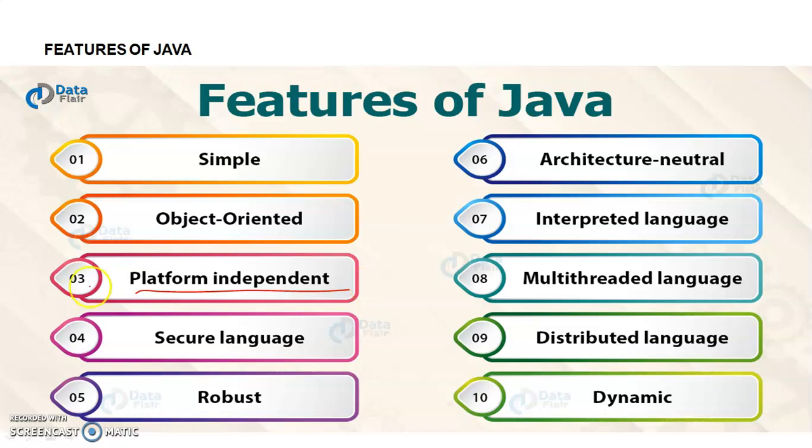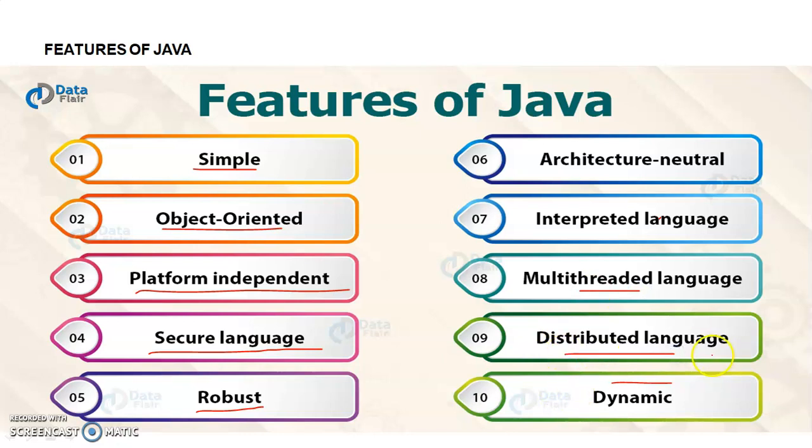Object-oriented, so it's fully based upon objects. And simple, we can develop programs in a simple way. Secure and robust means strong, we cannot crack the source code. And architectural neutral, interpreted language. Interpreted language means we can execute the Java programming language. Multi-threaded, so thread means a lightweight subprocess, multi-threaded means n number of threads are going to be executed.